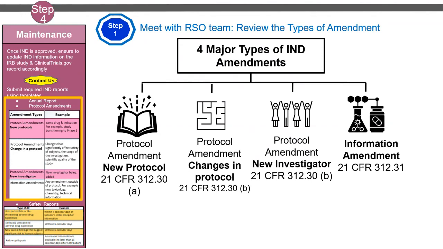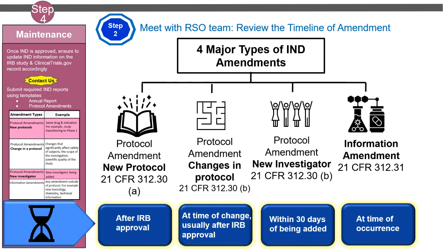There are 4 major types of IND amendments as listed here. The first one is protocol amendment, new protocol. Next is protocol amendment, changes in existing protocol. The third type is protocol amendment, new investigator. And the fourth one is information amendment. These are the timelines for each type of amendment listed for your reference here.